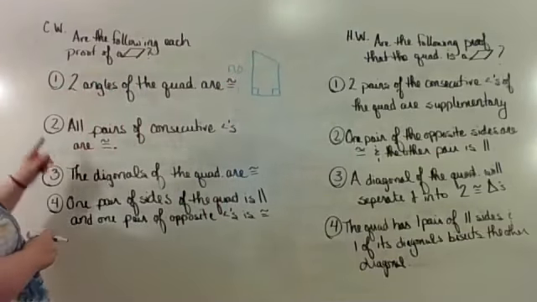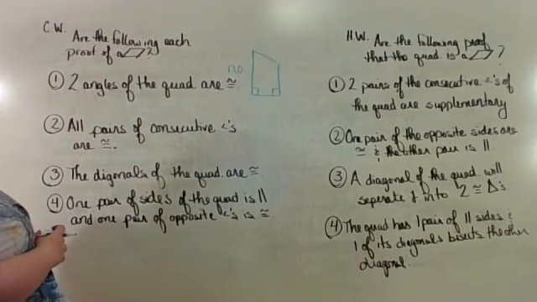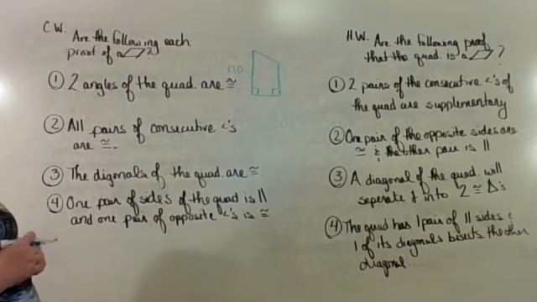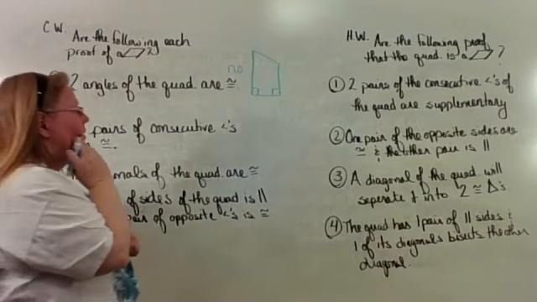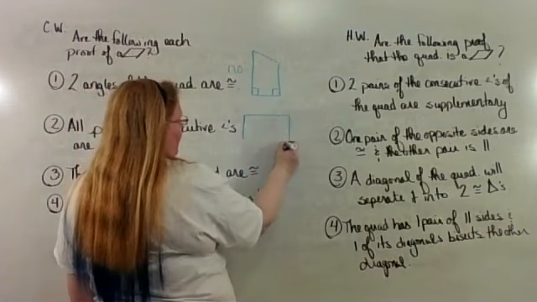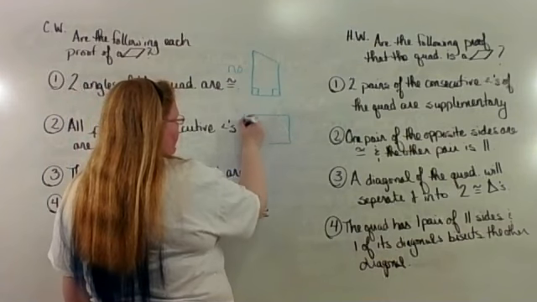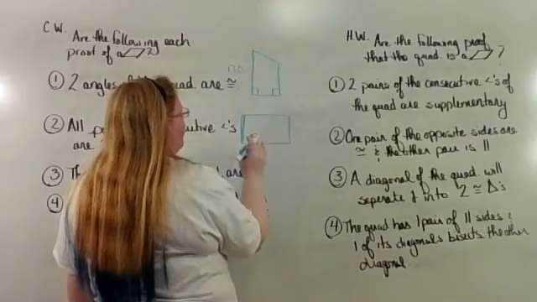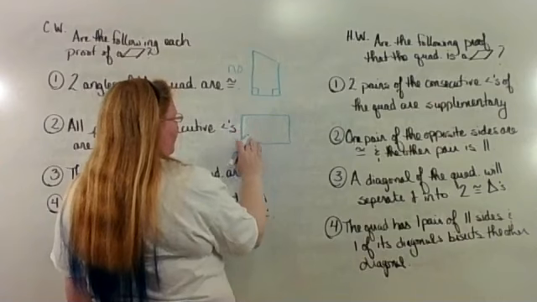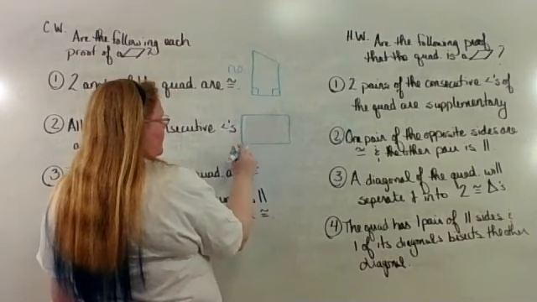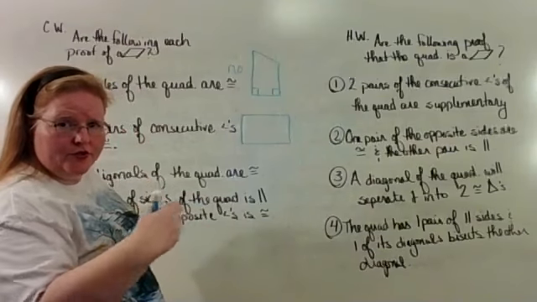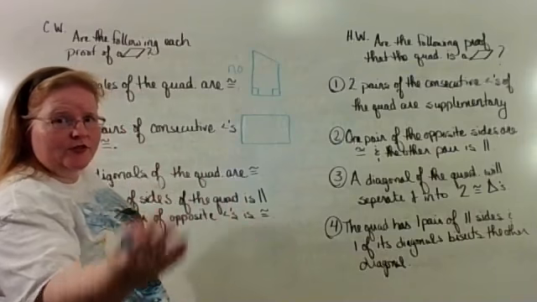The next one says all pairs of consecutive angles are congruent. Well, if all the pairs are congruent, that means they're all going to have to be 90 degrees, because we have to have a total of 360 degrees in our quadrilateral, because 4, which is our n, minus 2 is 2, times 180 gives us 360.